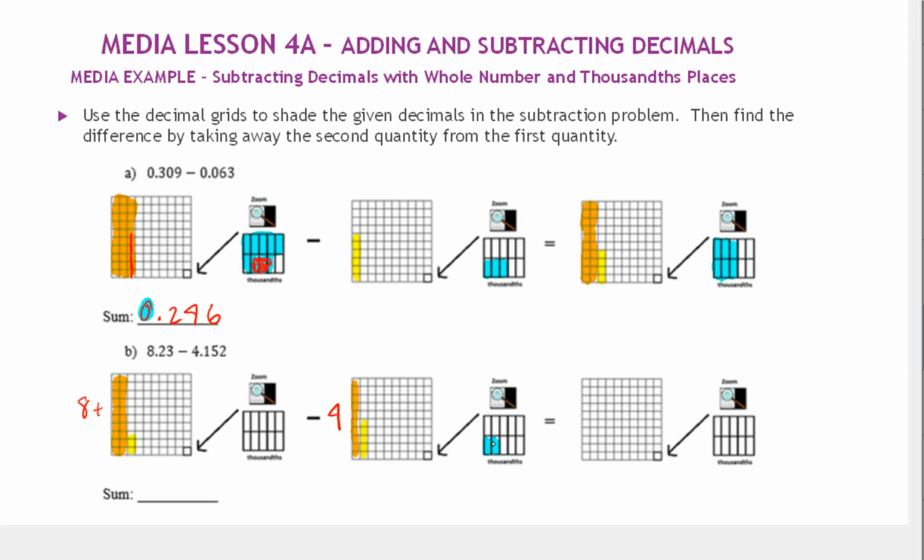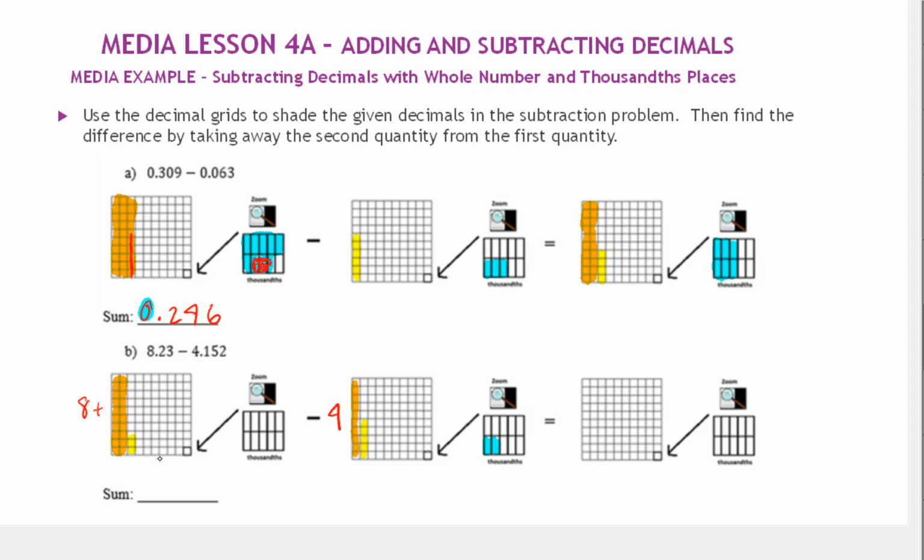Okay, so let's start with the smallest place value because this one's a little bit more complicated and it's easier to do it with the smallest place value. Now notice we need to take away 2 thousandths. Okay, it might be tempting just to put these here because there's nothing there, but this needs to be taken away from this. However, we don't have any thousandths to take away. So here's what we're going to do.